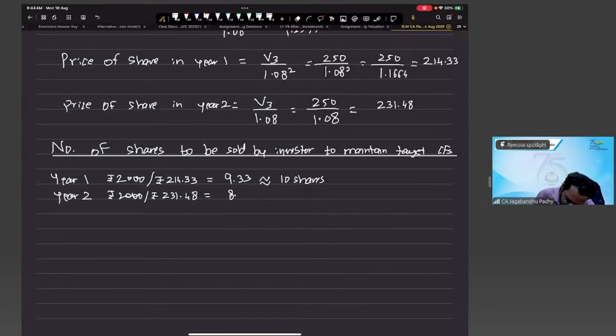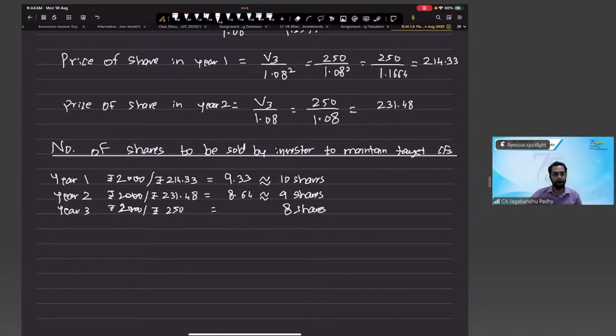So how many shares should I be selling? 9 shares. Perfect. Then in year 3, to maintain my level of cash flow, this 2000 will be divided by 250. So we are going to sell 8 shares.